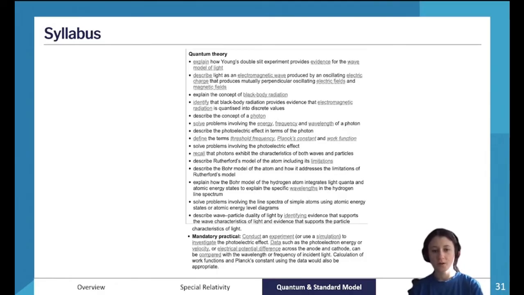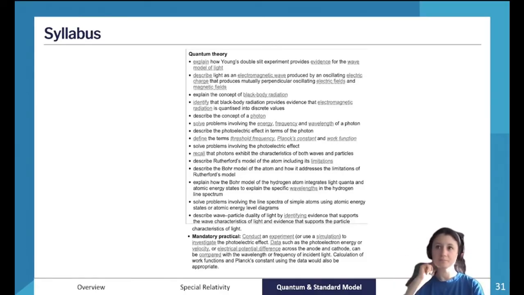So, the first thing that we're going to look at is Young's double slit experiment. Now, as a bit of revision, remember, quantum theory is, we look a lot at the wave-particle duality of light.